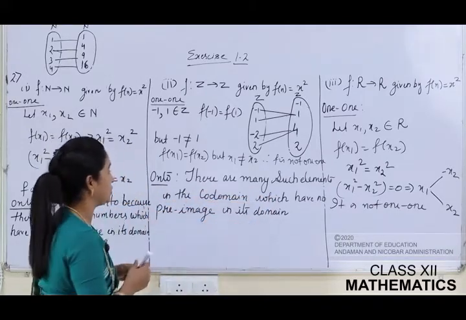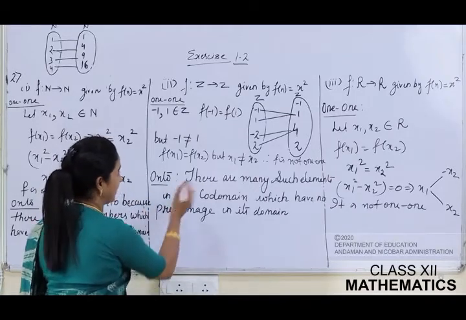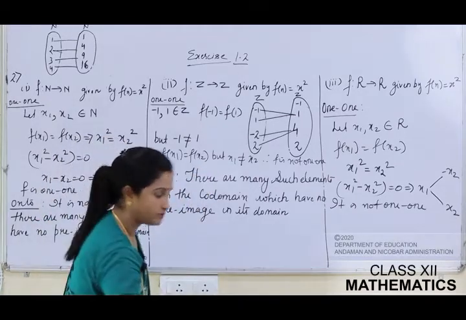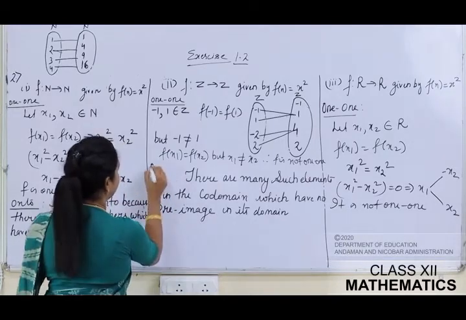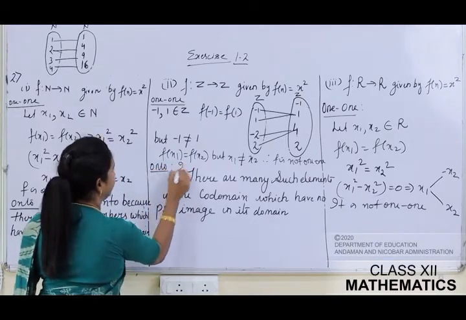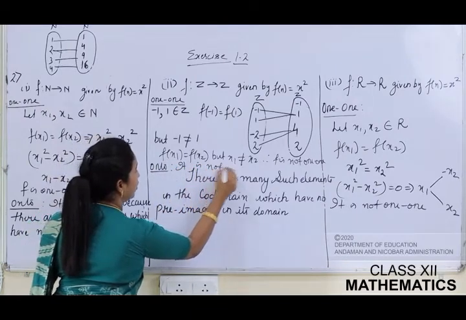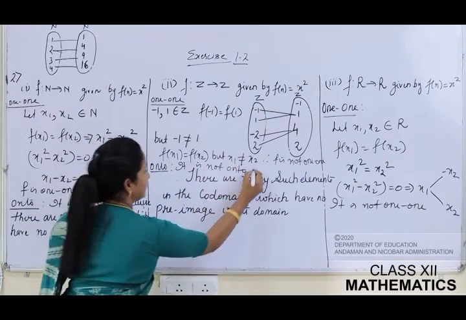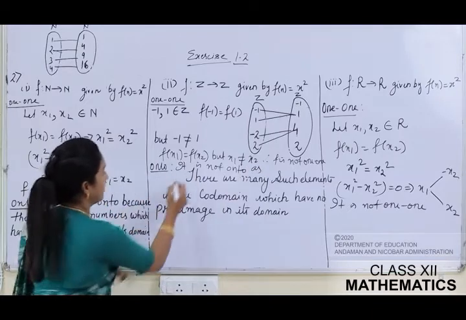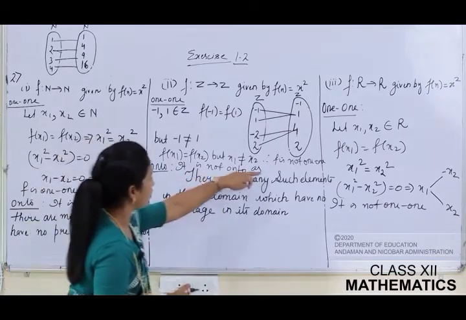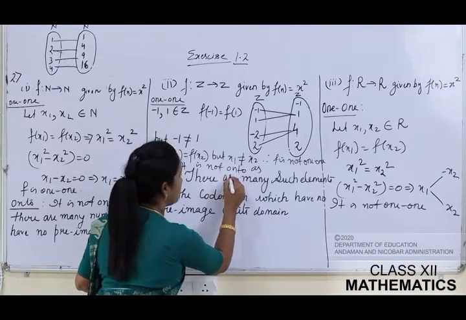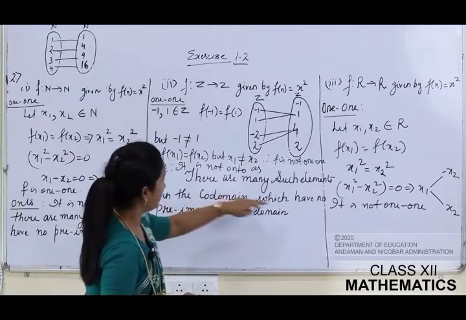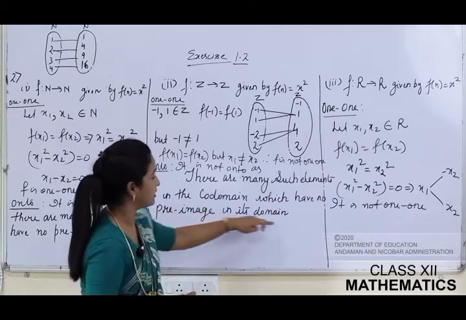It is not onto. So what will you write first here? You have to write down, it is not onto as there are many elements in the codomain which have no pre-image in its domain.